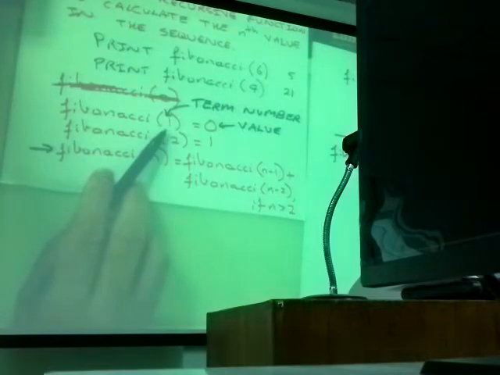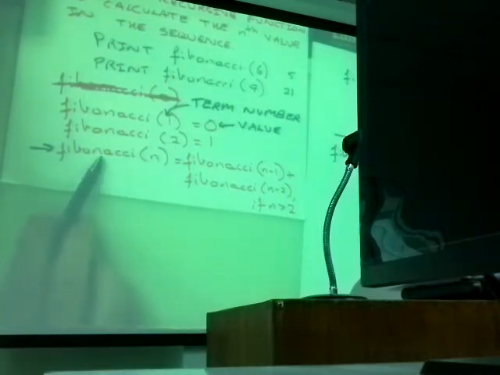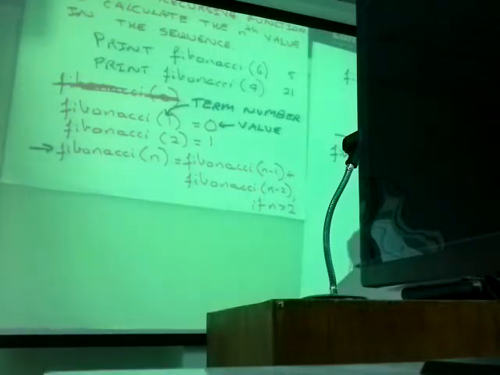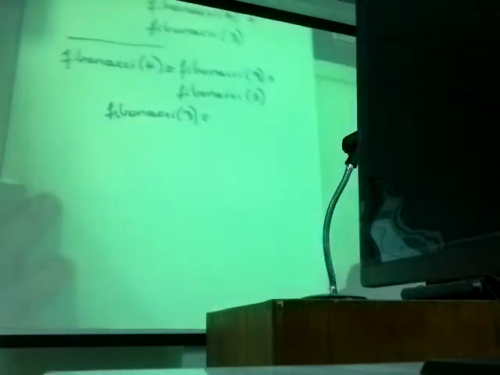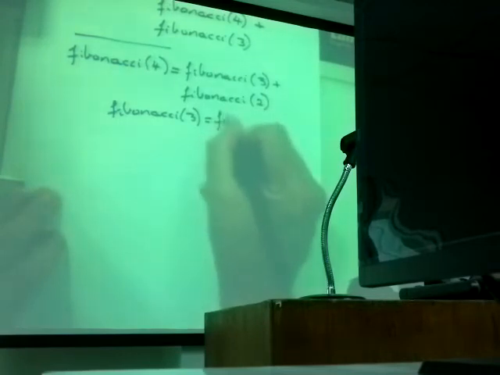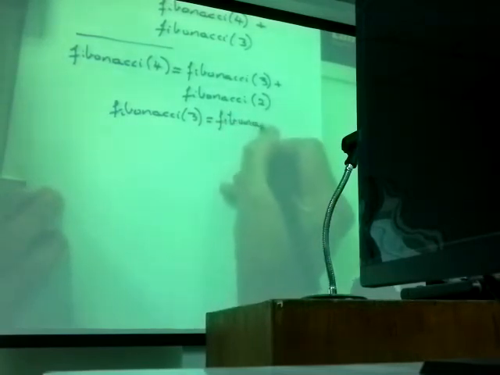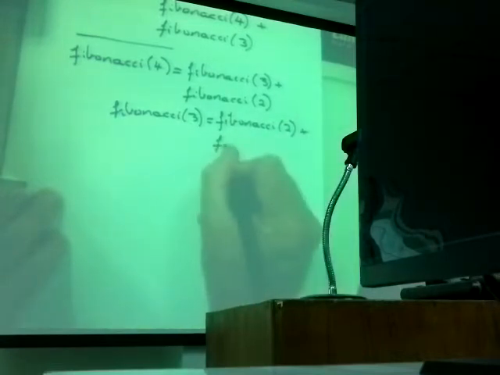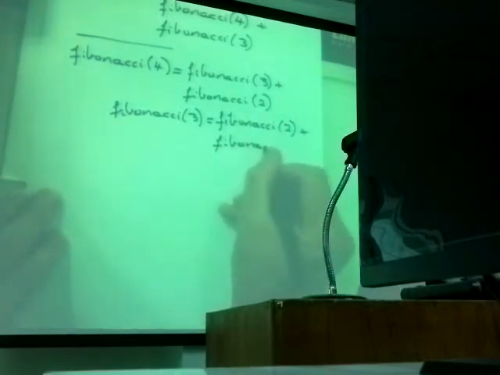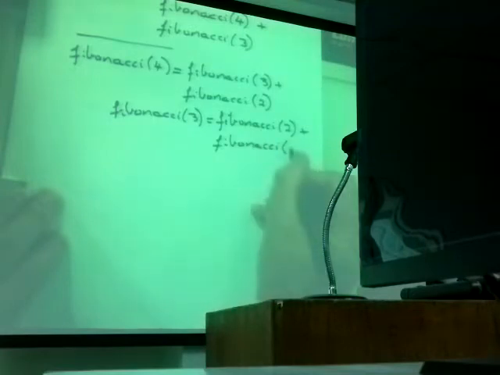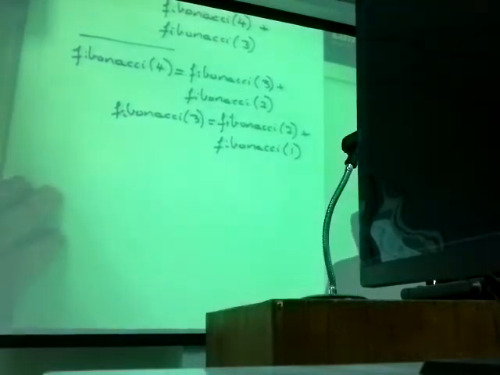N is 3, so it's not this one. So Fibonacci 3 is Fibonacci 2 plus Fibonacci 1.